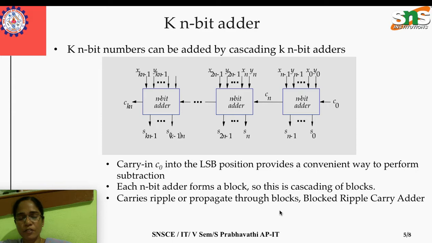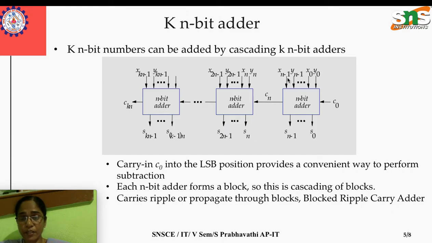That's what is called a blocked ripple carry adder. A 4-bit adder forms a block, and the carry it produces is propagated to the next block. So this arrangement we call a blocked ripple carry adder. I think it's quite easy for you.